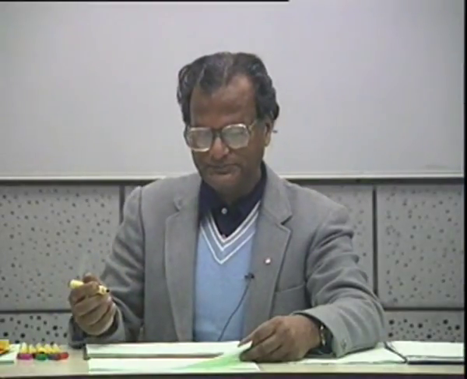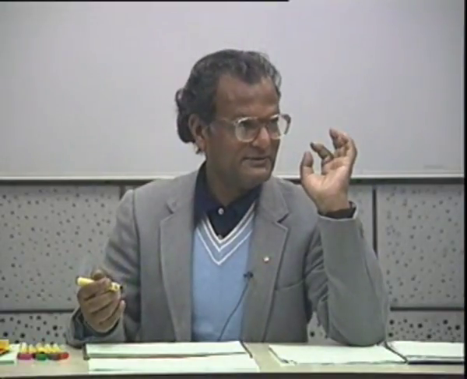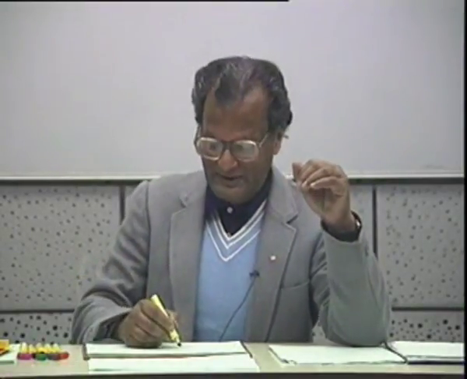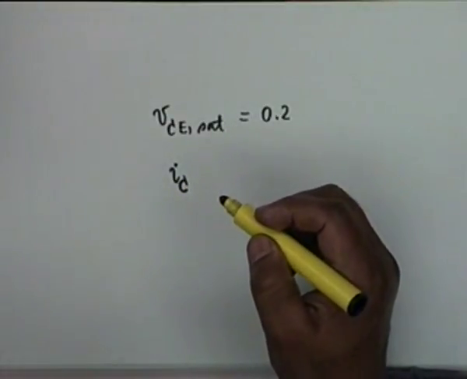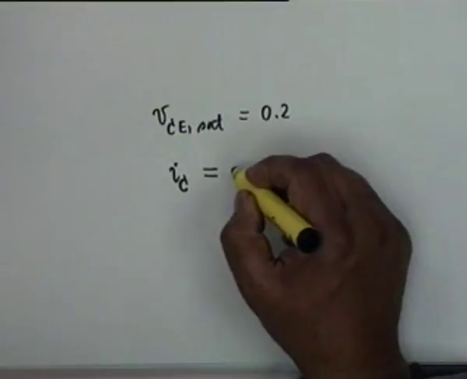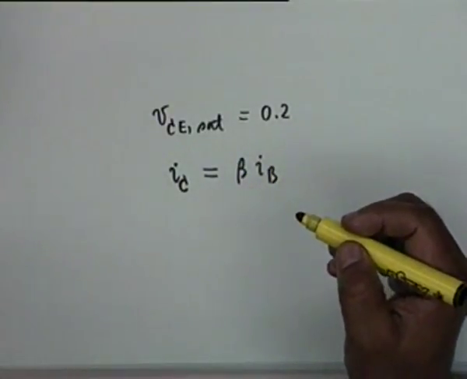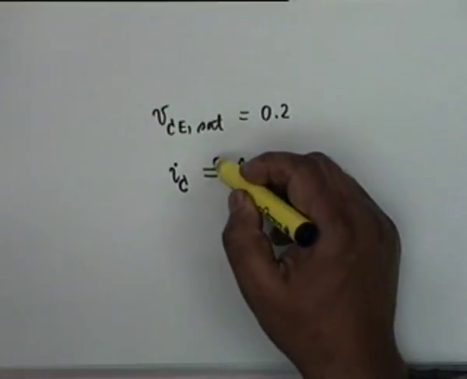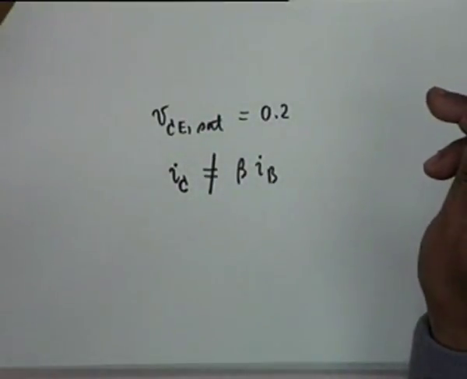Now what will happen if I continue to increase IB? I continue to increase IB, I sub C is saturated at VCC by RC, so this relation I sub C equal to beta IB shall no longer be valid, because I sub C has reached saturation.